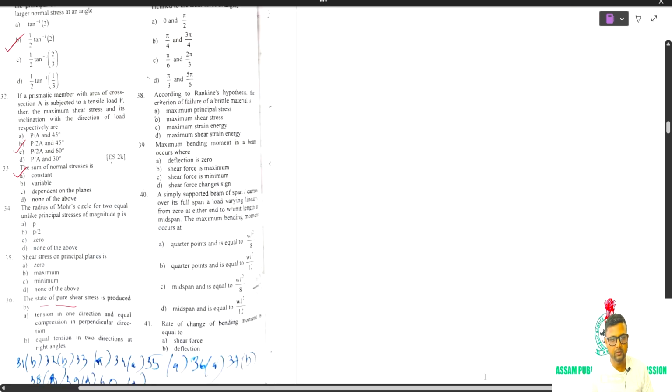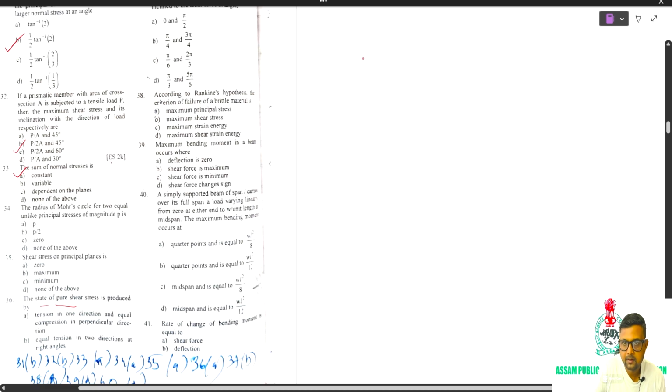Now let us look at the question number 36. The state of pure shear is produced by. Now what is pure shear? That means in pure shear, the normal stress has to be 0. Suppose this is sigma x, this is sigma y, and suppose we want to produce pure shear on this plane, tau xy.